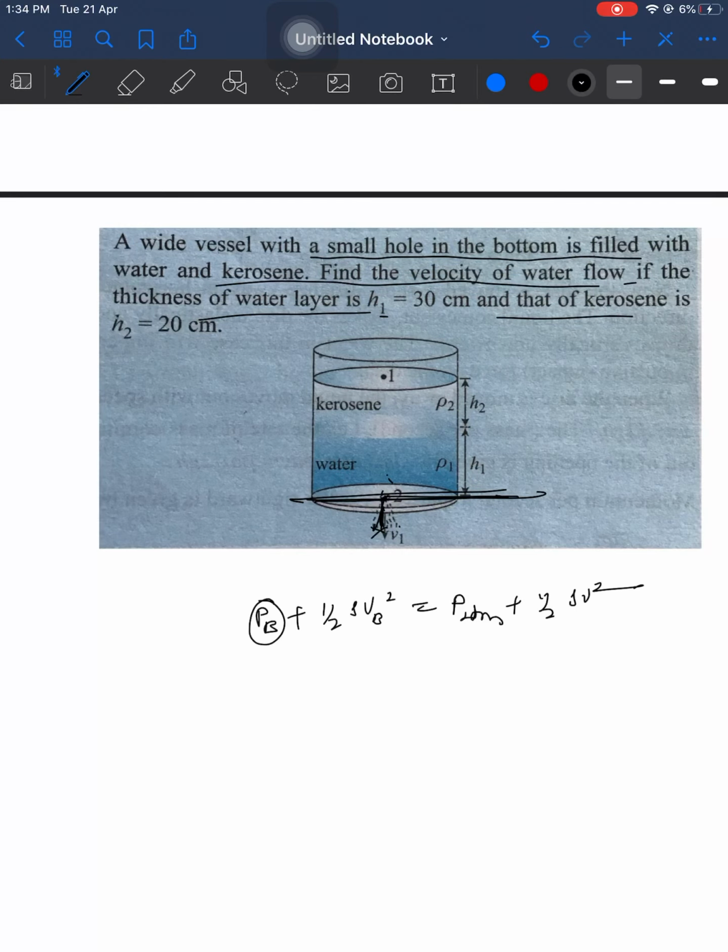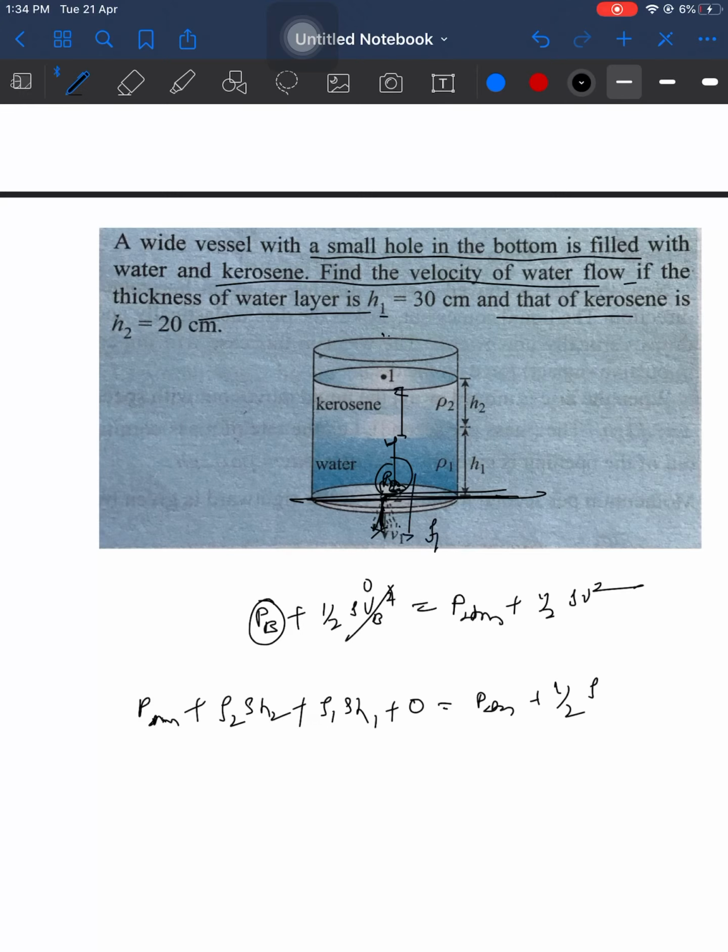How to get p bottom? From the top, p is equal to p atmosphere plus, since kerosene is there, rho 2 g h2, plus from here to here rho 1 g h1, plus velocity. This is a small orifice, so velocity inside is 0. It is equal to p atmosphere plus half rho 1 v square, since rho 1 is the liquid moving out.